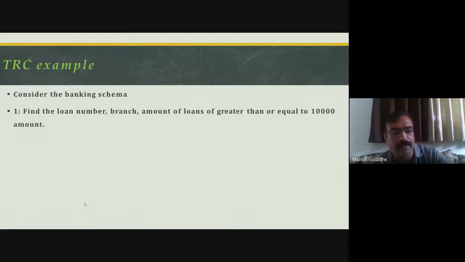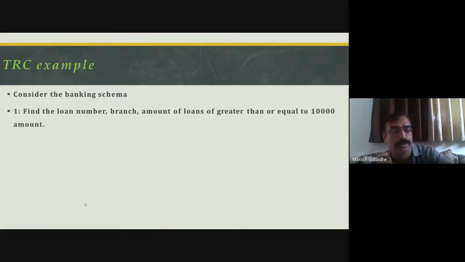So can you post the equivalent SQL query for this? SQL or RA, whichever is comfortable for you. Find the loan number, branch and amount of loans which are greater than or equal to 10,000.